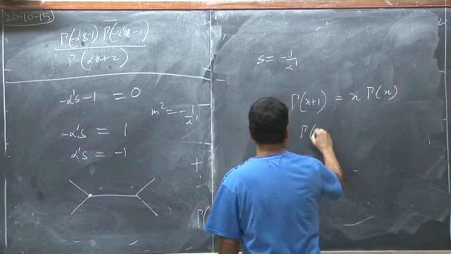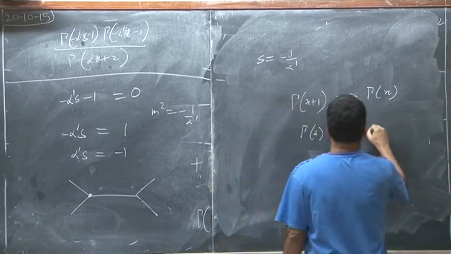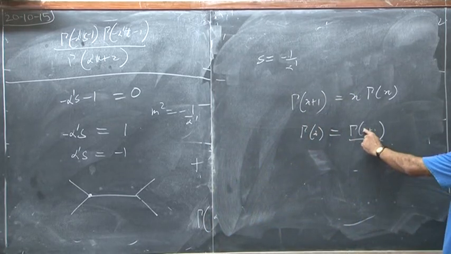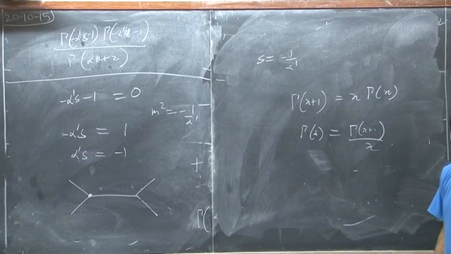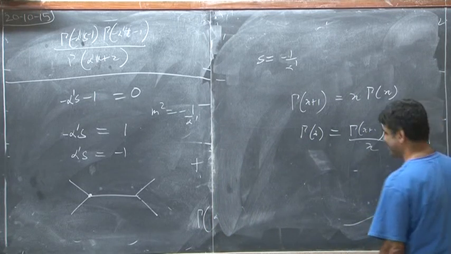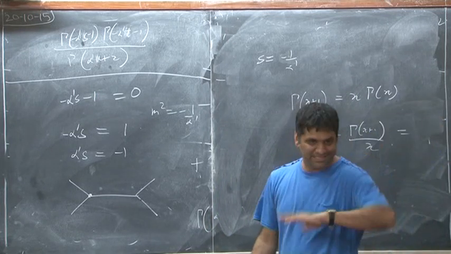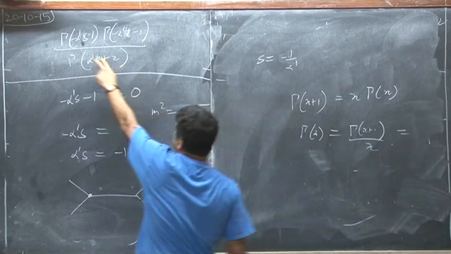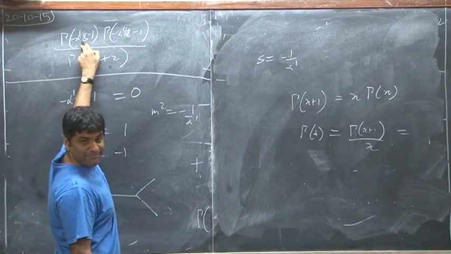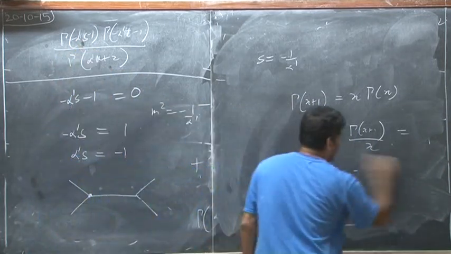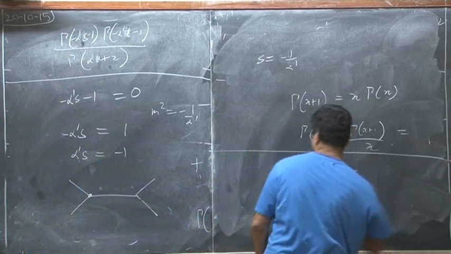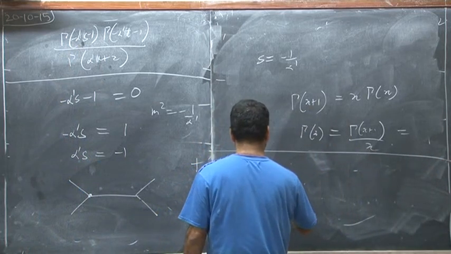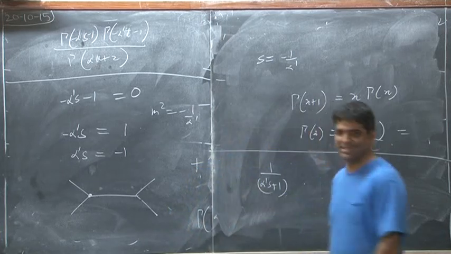And therefore gamma of x is equal to gamma of x plus 1 by x. If x is very small, this is gamma of 1, which is just 1. So this is equal to 1 by x. So gamma of x at small x goes like 1 by x. So this quantity, when we're near the pole, goes like 1 over alpha prime s plus 1.